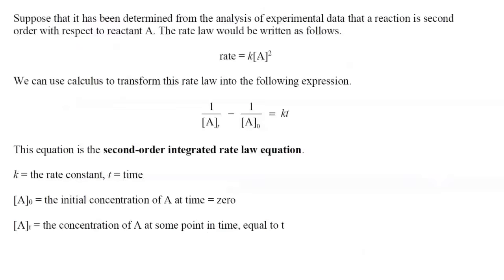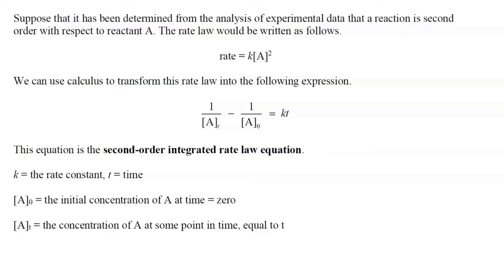Let's take a look. Suppose that it has been determined from the analysis of experimental data that a reaction is second order with respect to reactant A. The rate law would be written as follows. Rate equals the rate constant k times the concentration of A raised to the second power. We can use calculus to transform this rate law into the following expression.